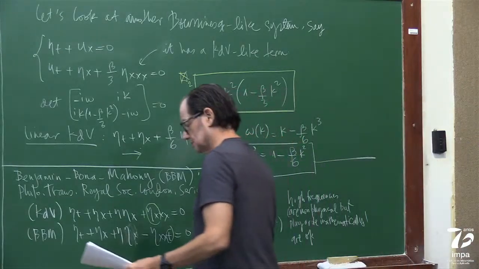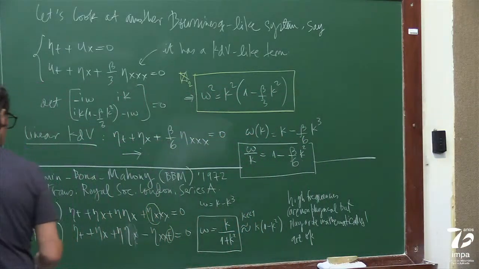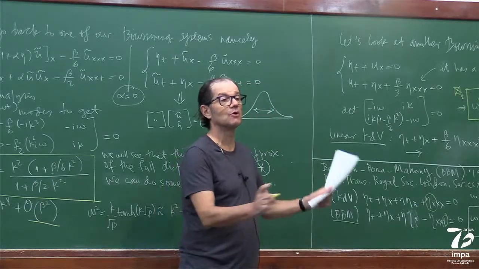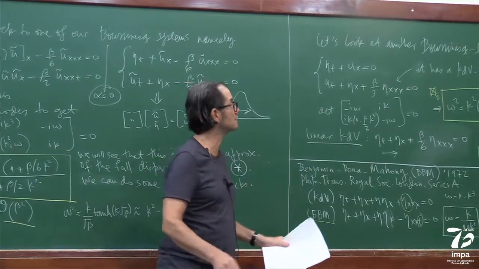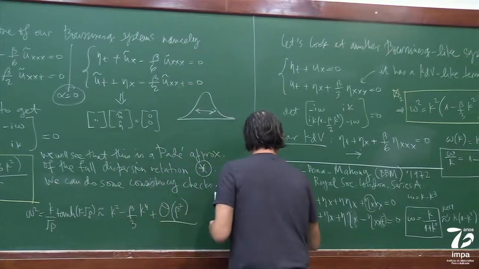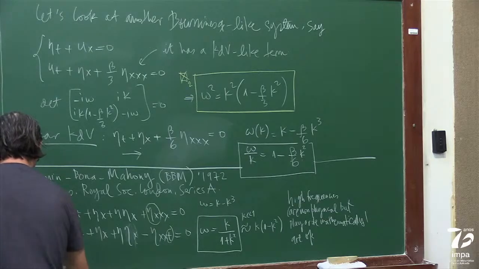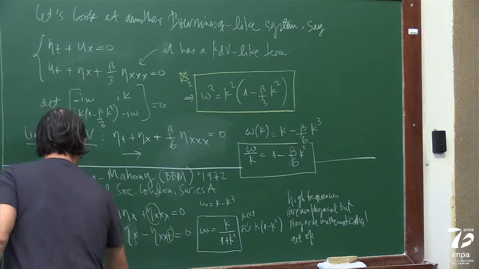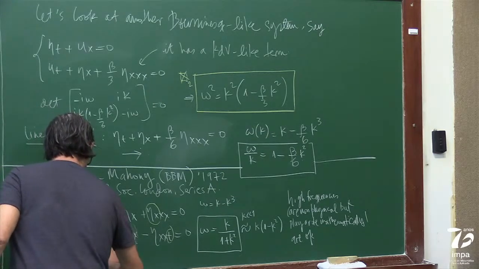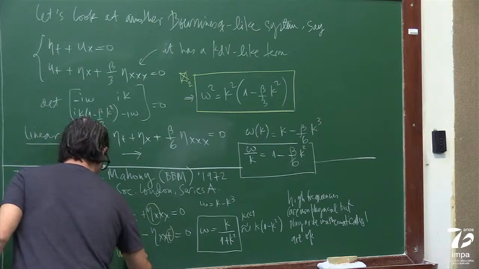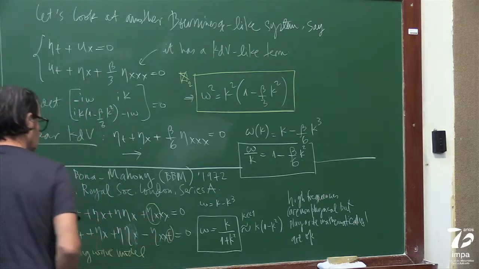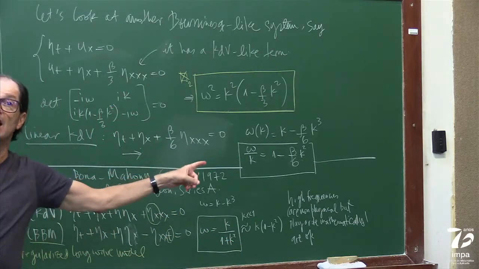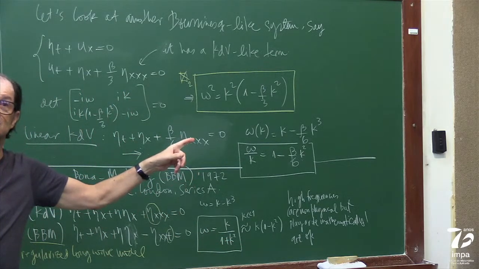Therefore, sometimes because of this effect, equations like the BBM, or equations with cross derivatives, are called regularized long wave models. Because this acts a little bit as a regularization for high frequency representation.